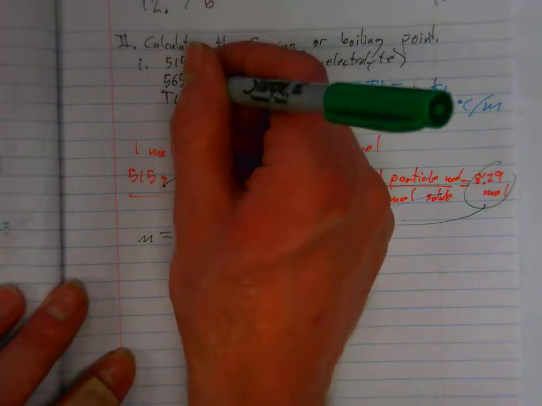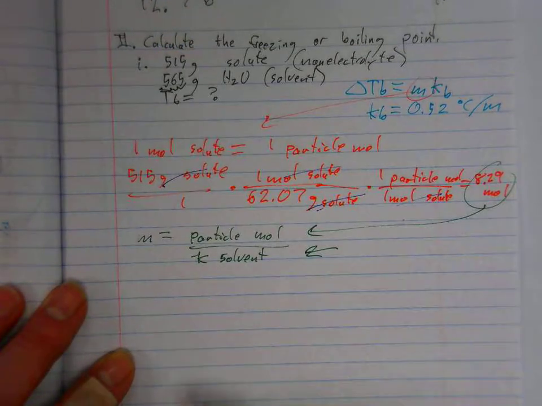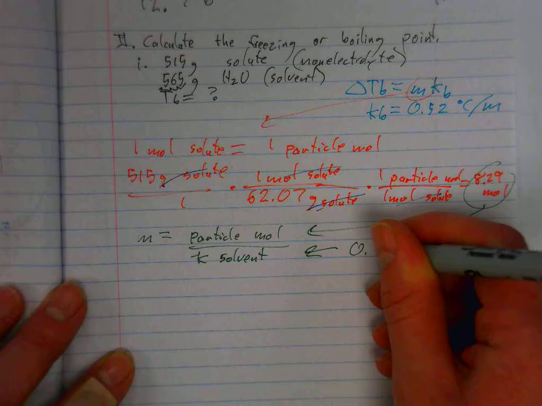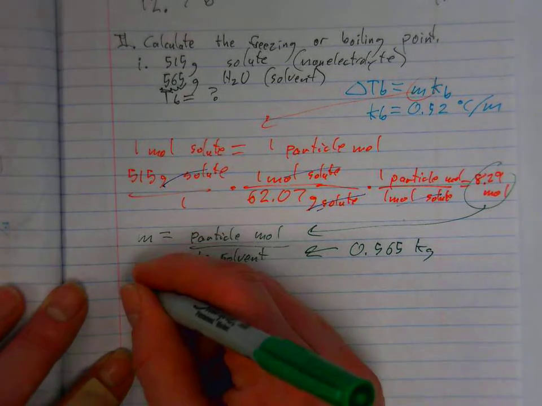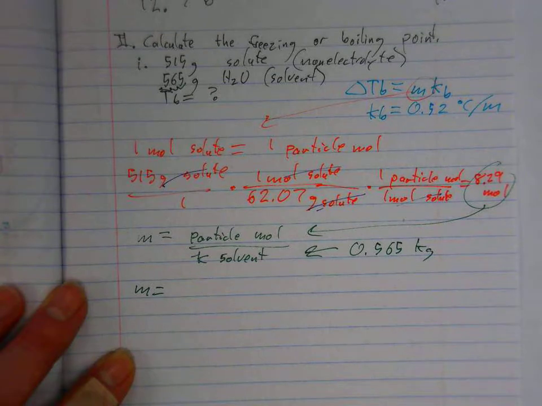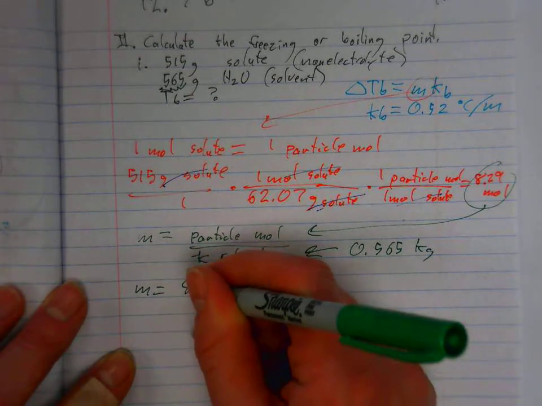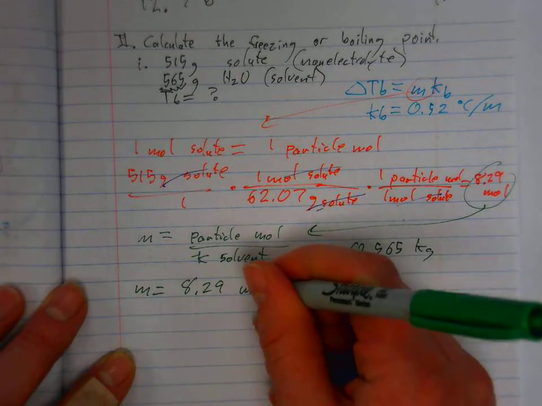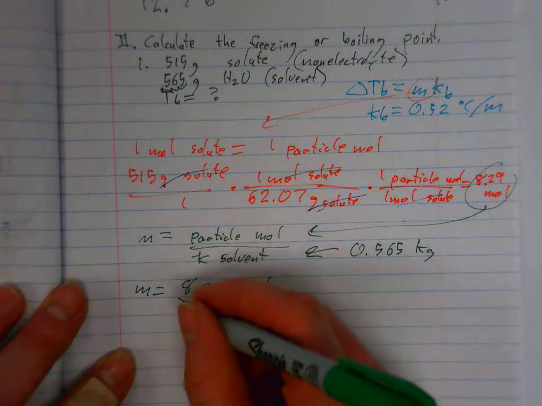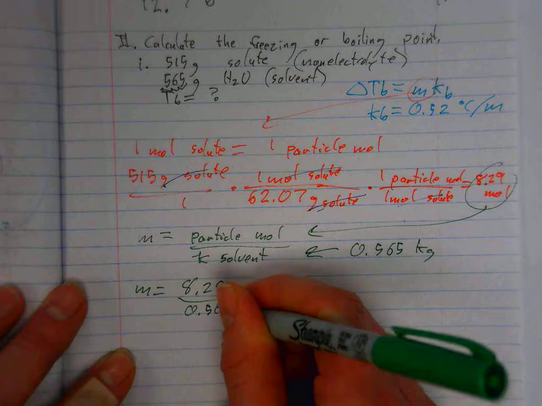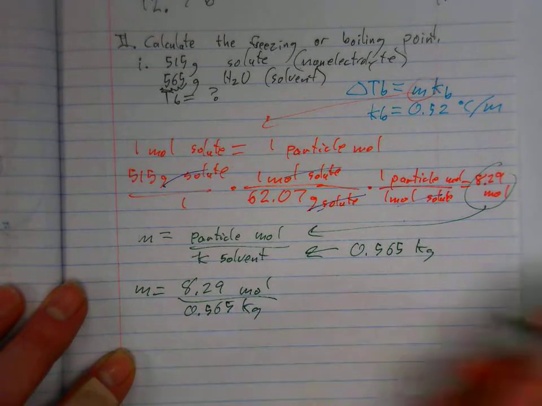So we have 8.29 particle moles divided by 0.565 kilograms, and the molality then is 14.7 molal.